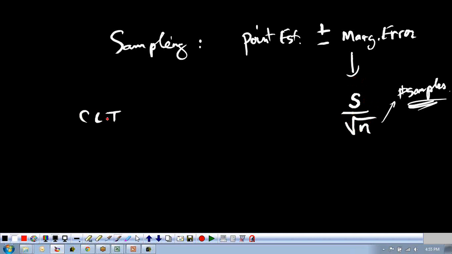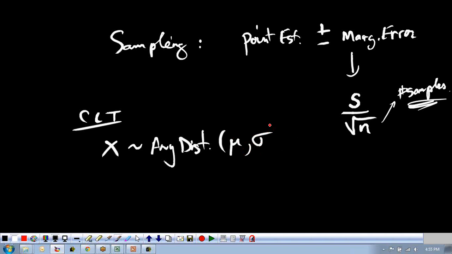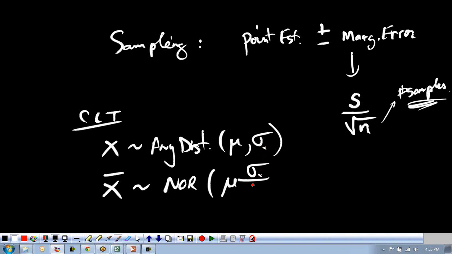And the central limit theorem, the CLT, by the way, this is only one of many CLTs, says that if I have X from any distribution with a mean of mu and a standard deviation of sigma, the distribution of averages from that distribution, if I take 10 and average them and do that repeatedly, will be normal with the same mean and a standard deviation that's almost the same, but shrunk by a factor of the square root of the sample size you're averaging over.